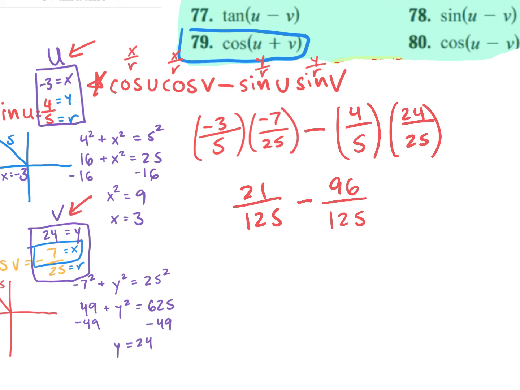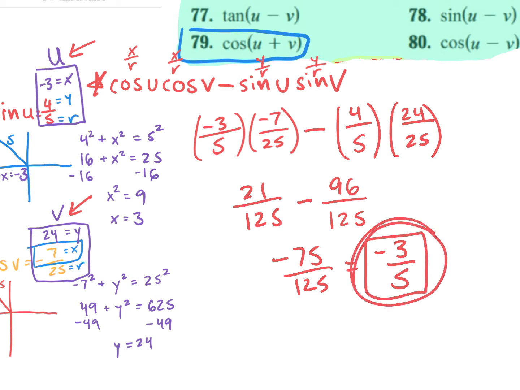So 21 minus 96 would be negative 75 over 125. Remember, this final is multiple choice, so your answers will be simplified. So it'll be negative 3 over 5 as our answer. Yes. So this is our answer.